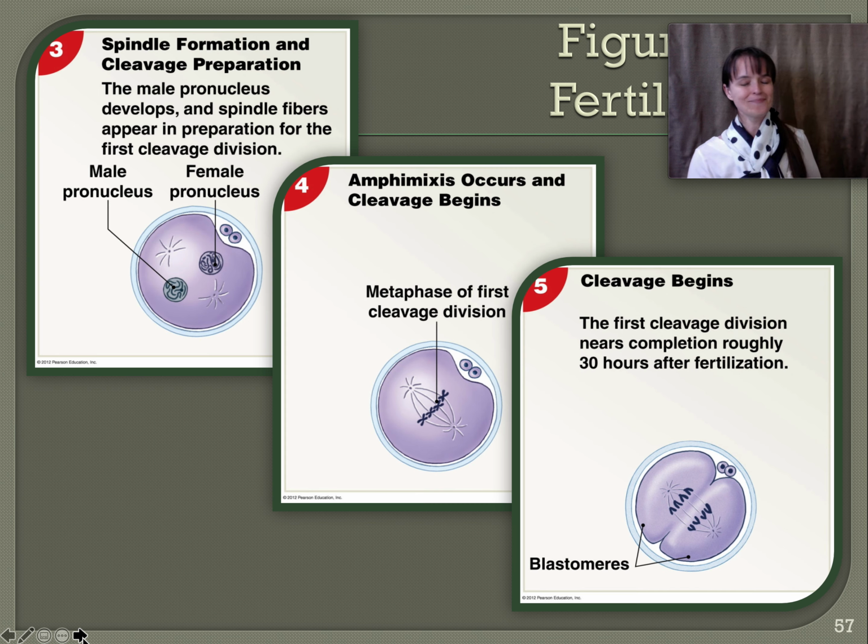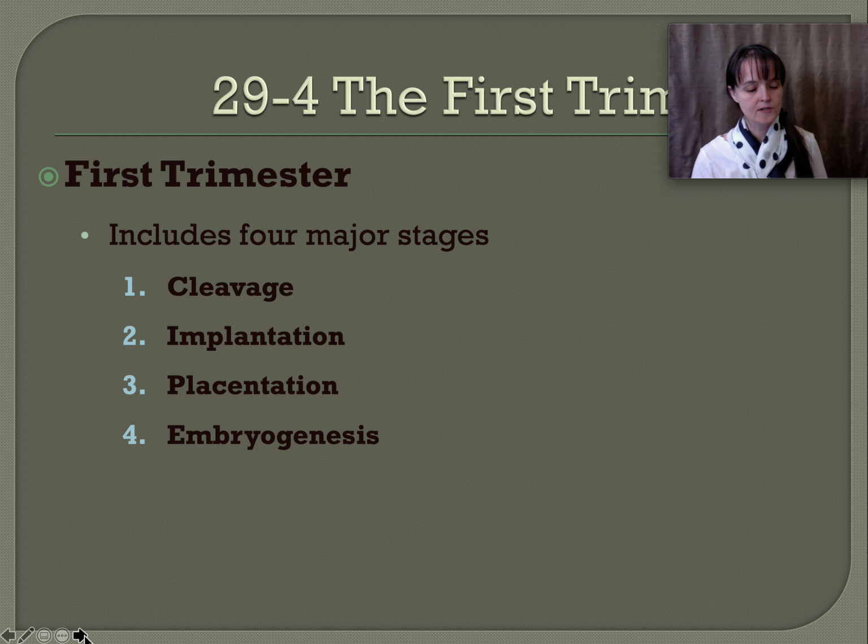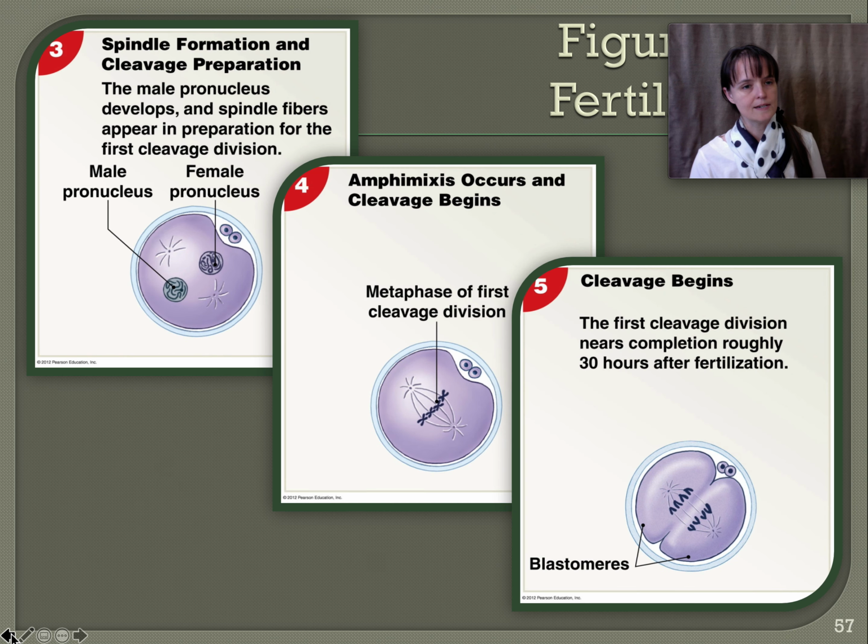Okay. So let's talk about the trimesters. There are 3 trimesters. I feel like I'm on the wrong slide. That's because I was on the wrong slide. I am missing a slide. Okay. 3 trimesters. The first trimester, you have the pre-embryo, embryo, and early fetal stages.